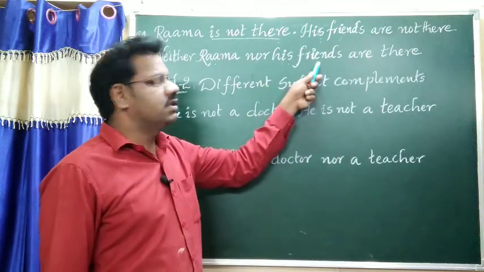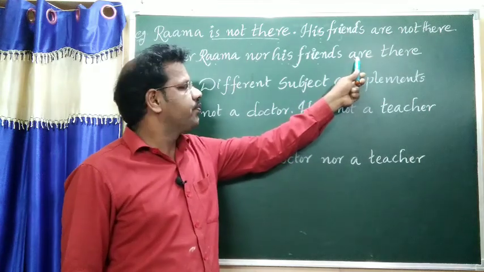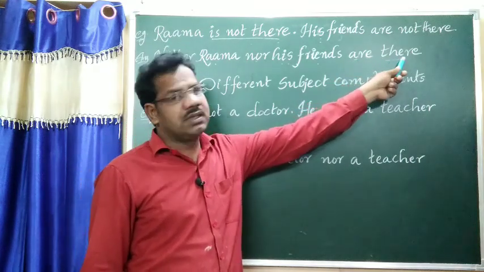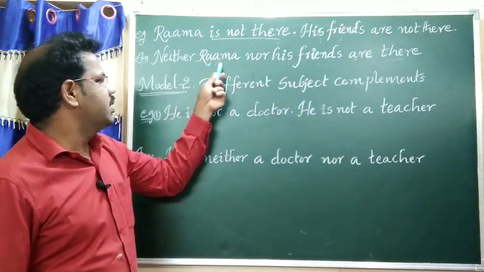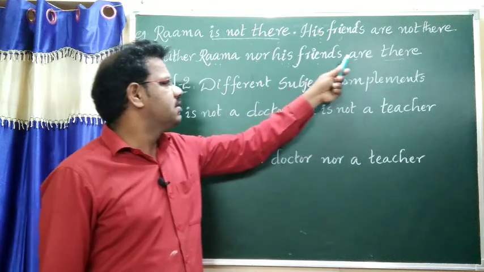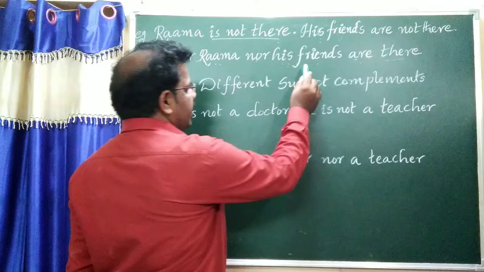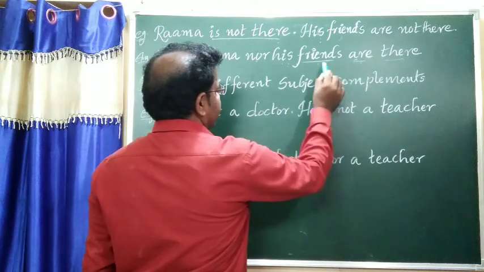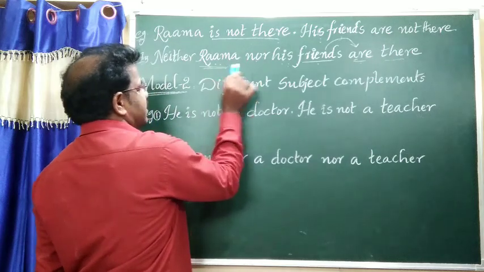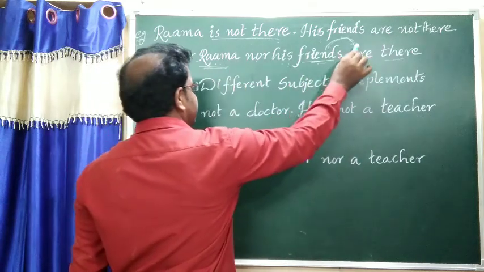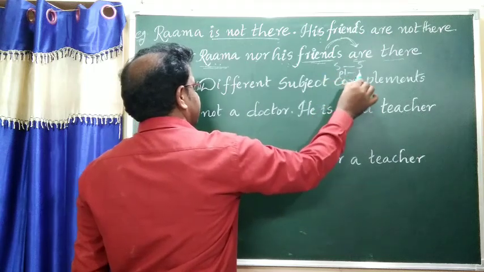Based on the second one, we have to use the plural helping verb. Then the answer: neither Rama nor his friends are there. Here the agreement between subject and helping verb is based on the second one. Don't take the first one. Based on the second one only, we have to use either singular or plural.